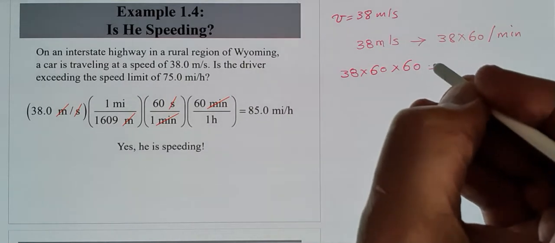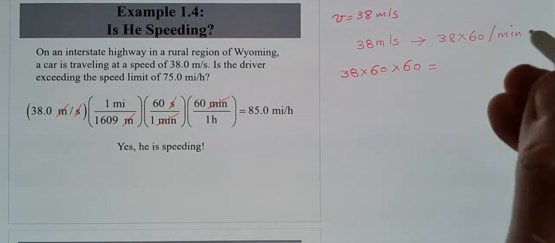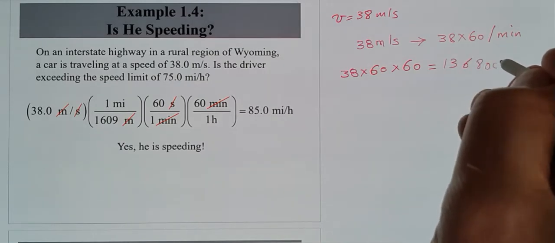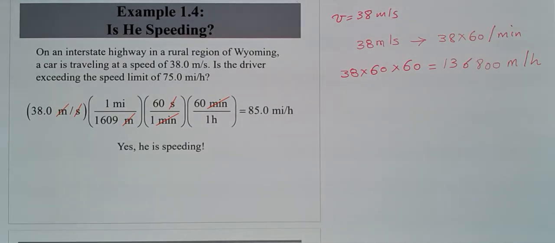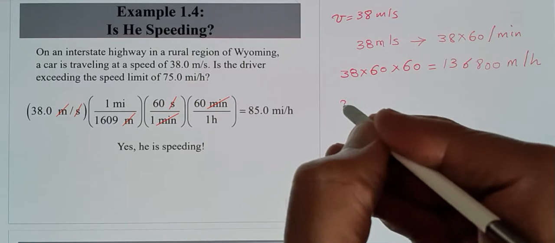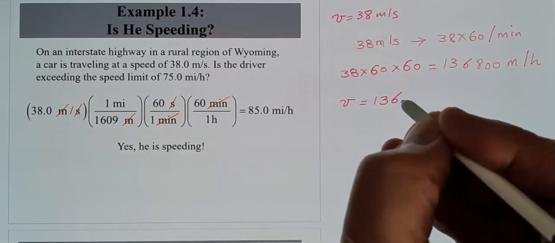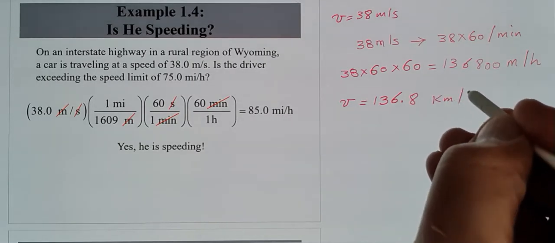It will give us how many meter per hour: 136,800 meter per hour. But we wanted kilometer per hour, so we divide by 1,000. Then V is equal to 136.8 kilometer per hour.